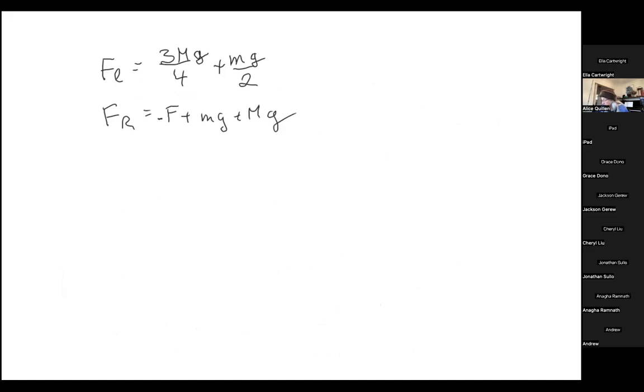So FL turns out to be this, mg over 4 plus mg over 2, and FR is minus FL plus mg plus mg. So we can find that. Let me just do that. So this is FL, which will be 1/4 mg over 4 plus mg over 2.